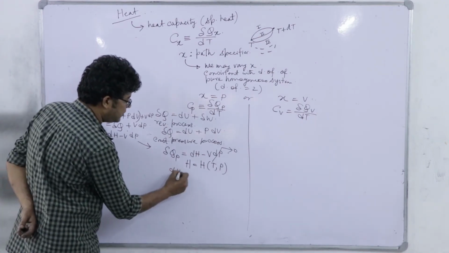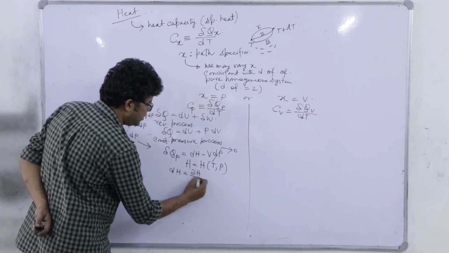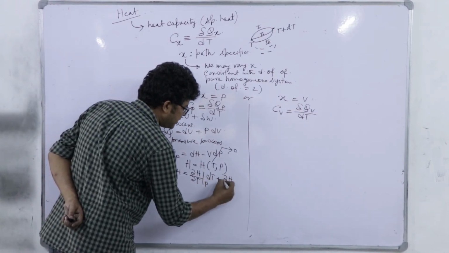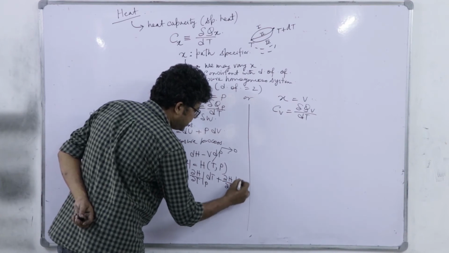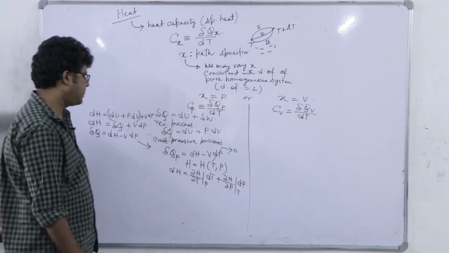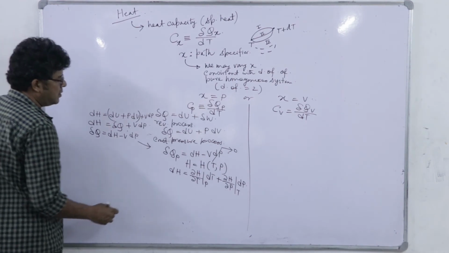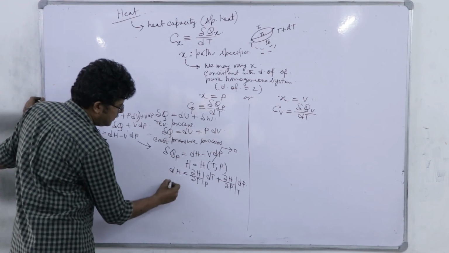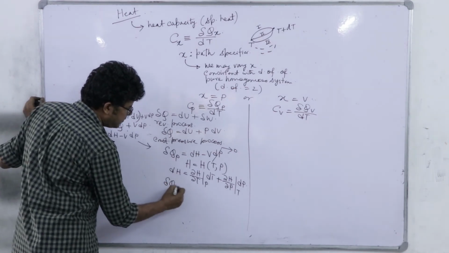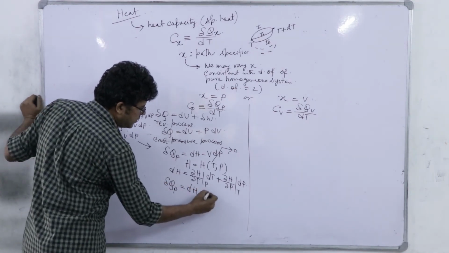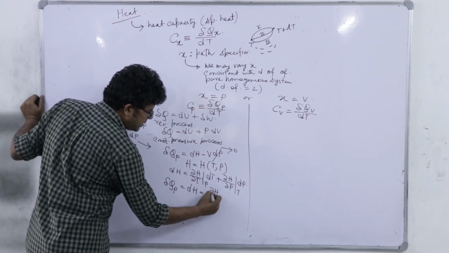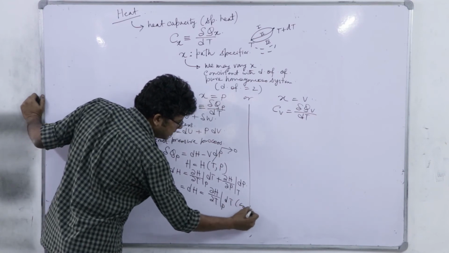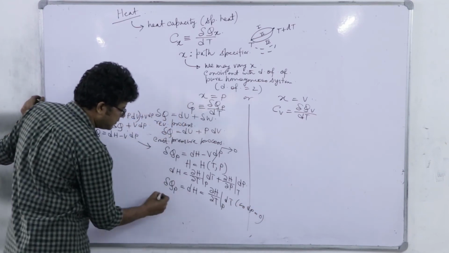So dH by chain rule is (∂H/∂T) at constant P dT plus (∂H/∂P) at constant T dP. So delQp equal to dH is simply (∂H/∂T) at constant P dT, as dP equals 0 for a constant pressure process.